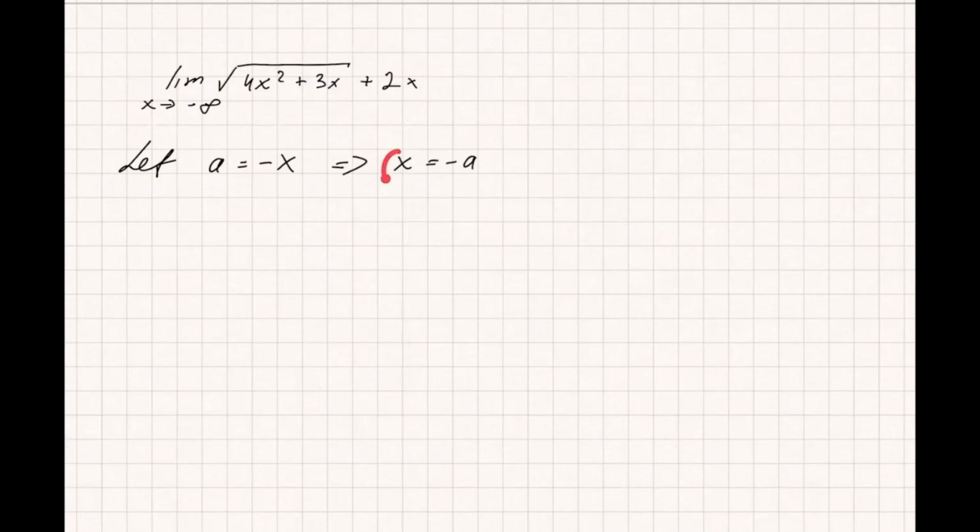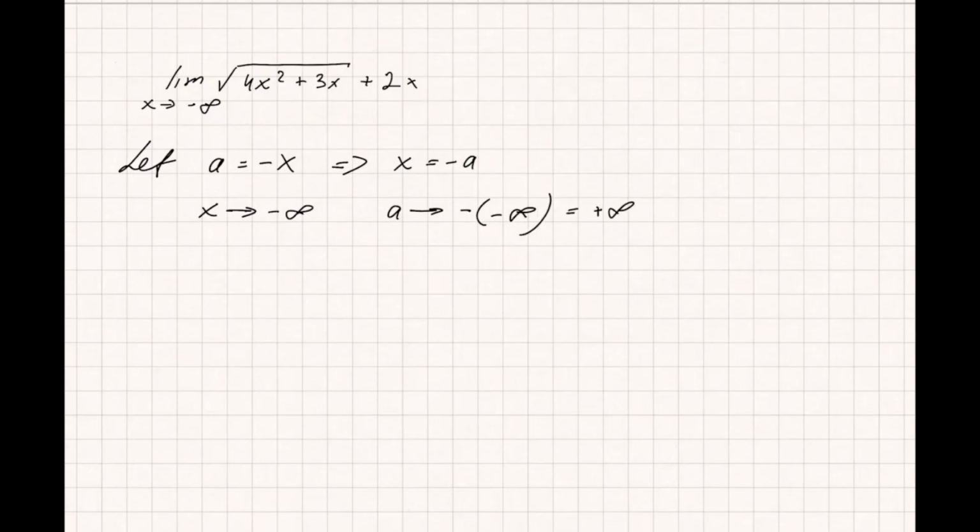Now where I see x in the expression, I will plug in negative a. And also, when I send x to negative infinity, a will be sent to negative times negative infinity, which will give me a positive infinity.